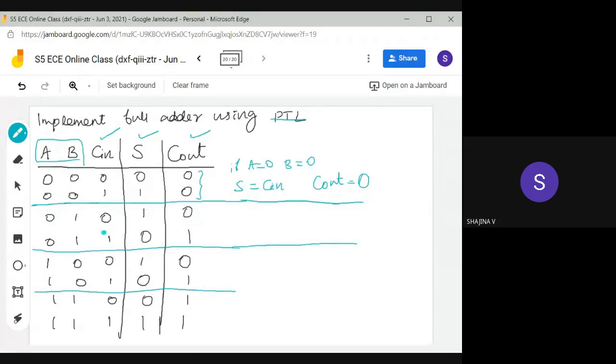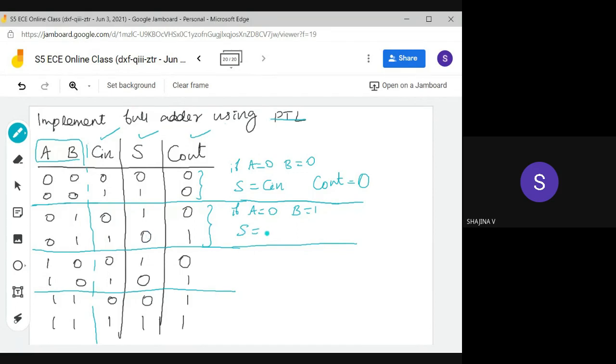Now, coming to next condition, if A equal to 0 and B equal to 1 in this case, what will be my S? When C in equal to 0, S equal to 1. When C in equal to 1, S equal to 0.